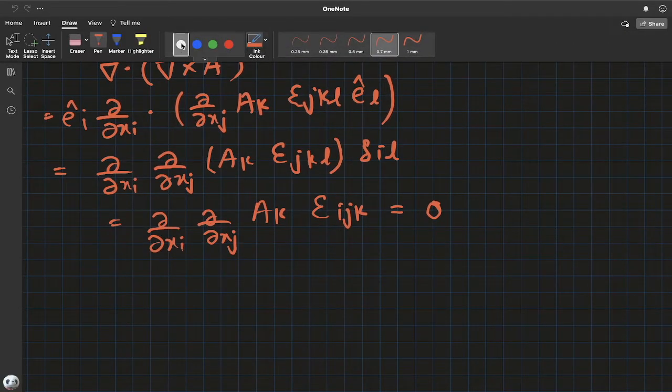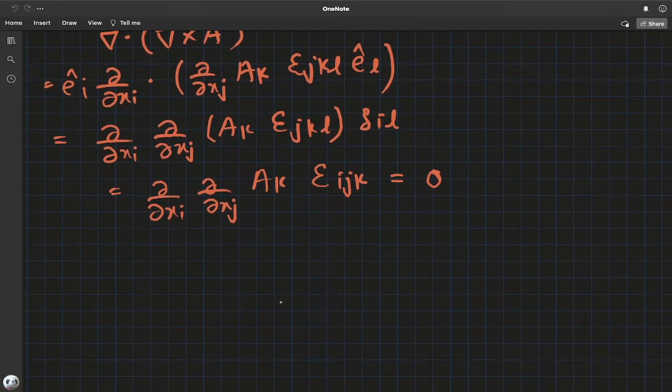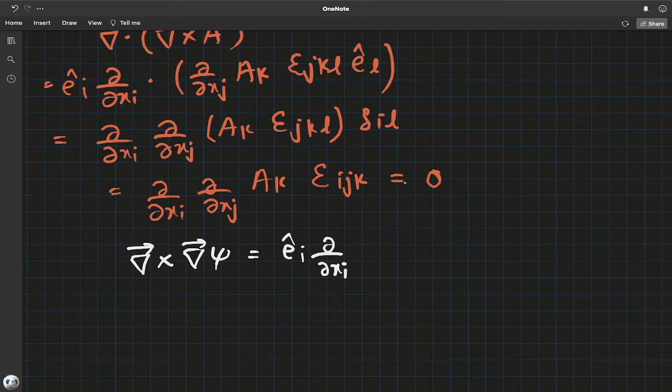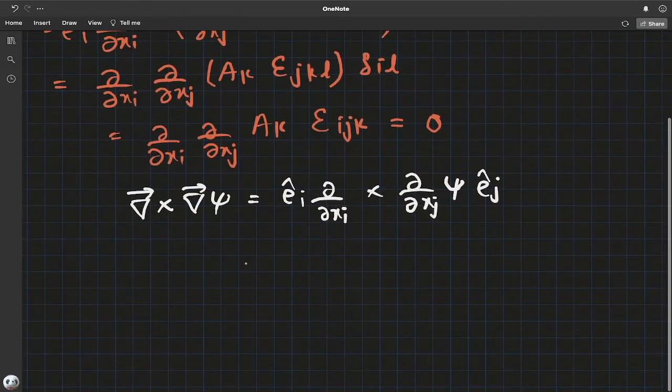Let's do another one. Let me change my color quick. What if we have curl gradient of some scalar field psi. This now becomes ei partial xi crossed with partial xj psi ej hat.